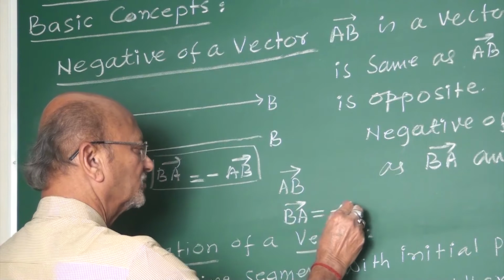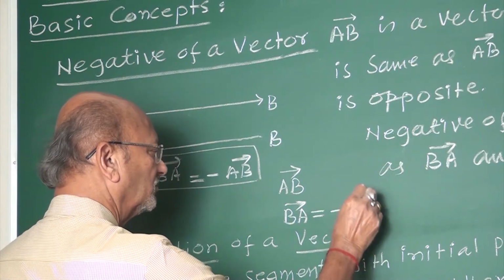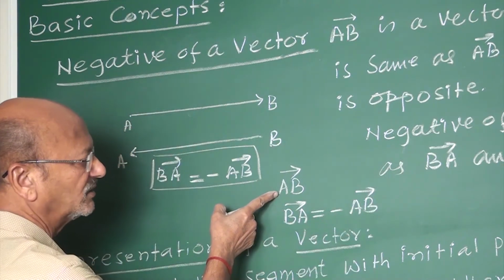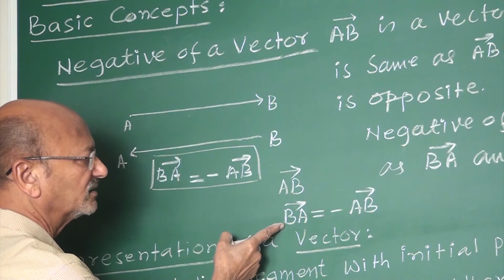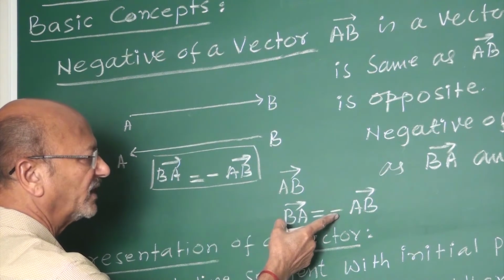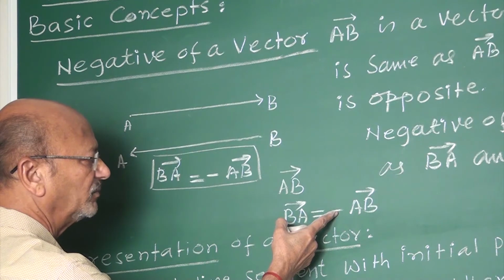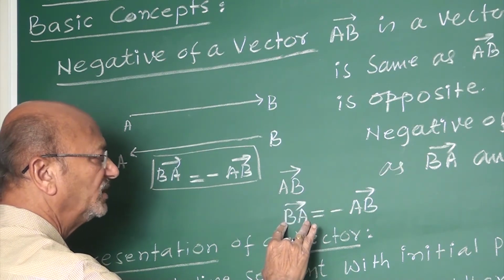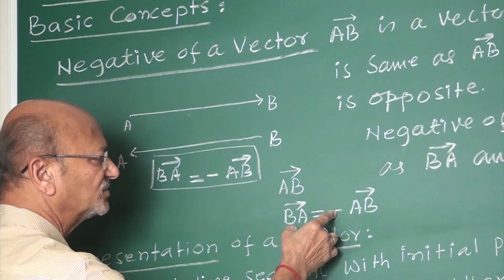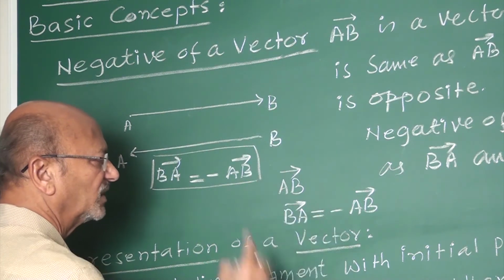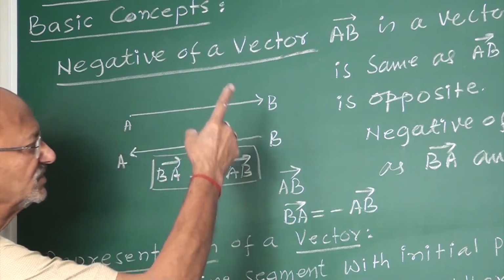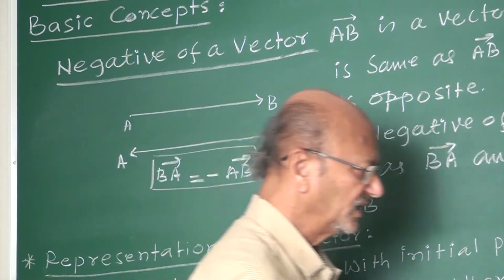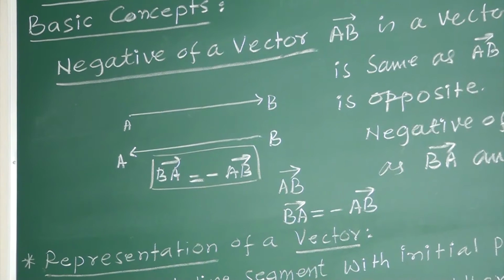It becomes minus AB. Please remember, if you change the direction of the vector AB to BA, then the sign changes, that plus becomes minus and minus becomes plus. This is about, my friends, negative of a vector.